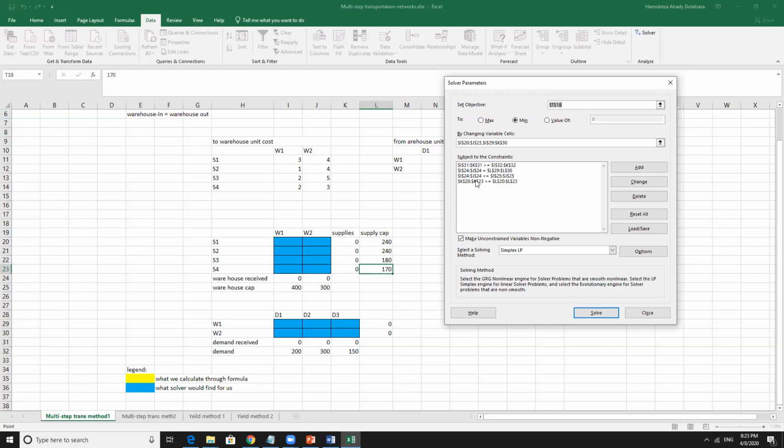Third constraint, I24 to J24. These are the warehouse caps, less than I25, J25.